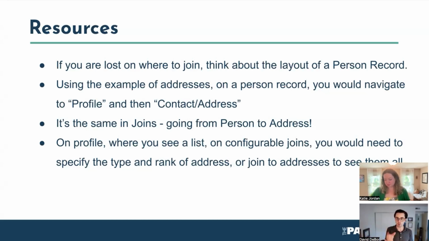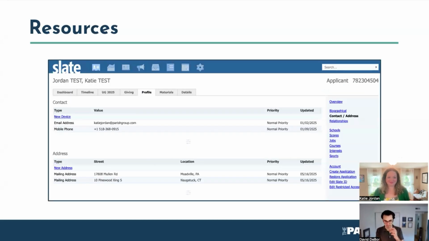It's the same as in joins, joining from person and joining to address by rank and selecting the priority, or a subquery join and joining from person to addresses. So on the next slide, you can kind of see that on the record. If you've never looked at a Slate record, this is where a student can have multiple devices.